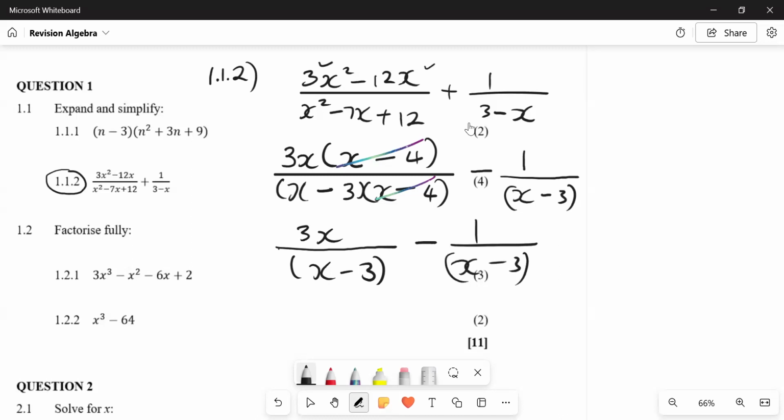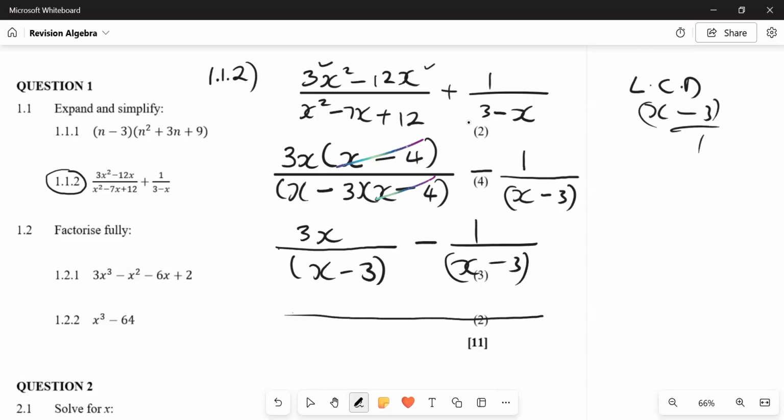Again, we have our LCD here, which is x minus 3, right? So our LCD, we have your x minus 3 over 1. So you write your LCD there, which is x minus 3. And then now x minus 3 and x minus 3 will cancel. You'll be left with 3x. And then again, even for this part, 1 over x minus 3, x minus 3 and x minus 3 will cancel, and you'll be left with minus 1.